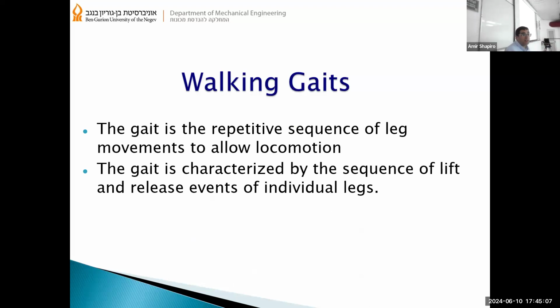About gaits, gait patterns. Gait is the repetitive sequence of leg movement to allow locomotion. So this is a certain pattern of motion. The gait is characterized by the sequence of lift and release events of individual legs.